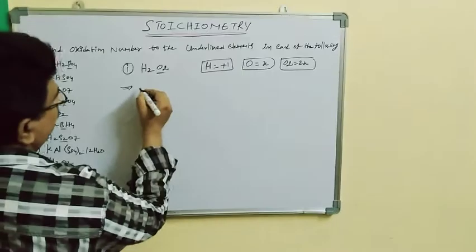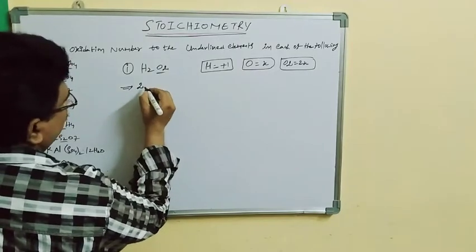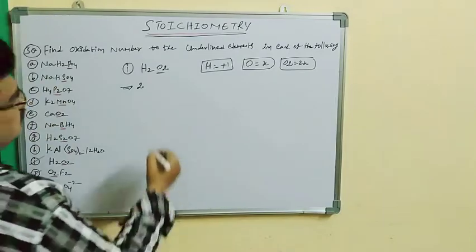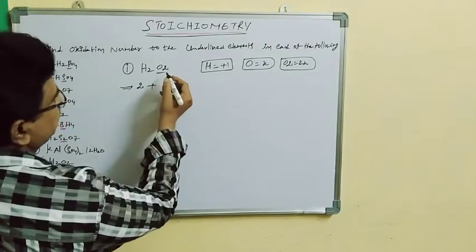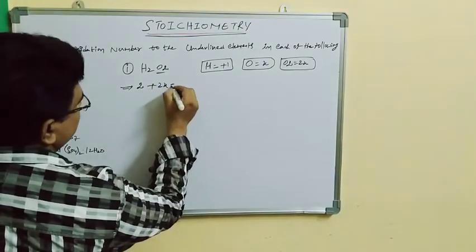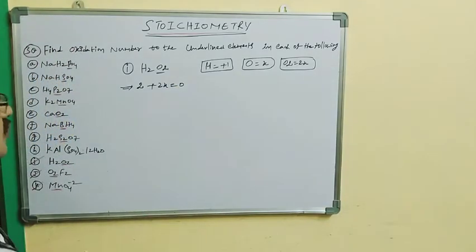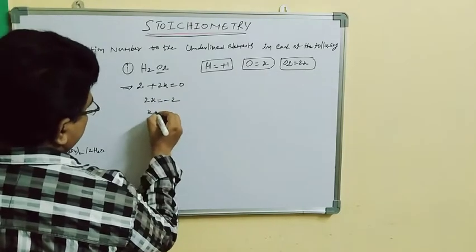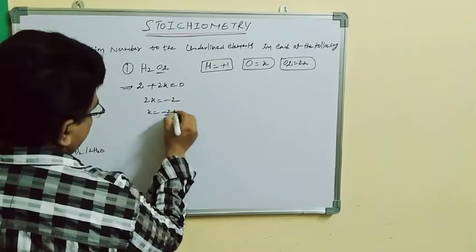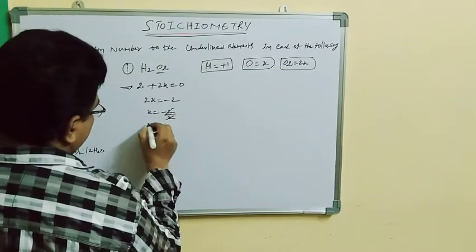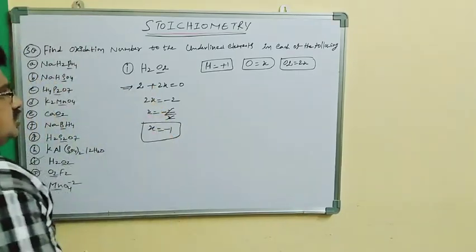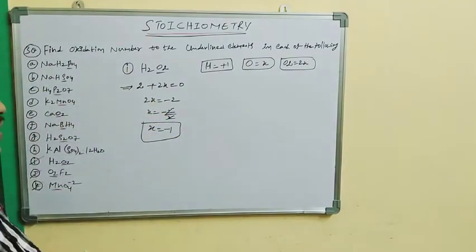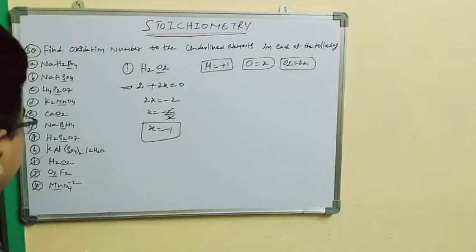How many hydrogens are there? 2 hydrogens are there. 2 into 1 is 2, plus 2x equal to sum of all elements, which is equal to 0. 2x is equal to minus 2. x is equal to minus 2 by 2. x is equal to minus 1. So in hydrogen peroxide, the oxidation state of oxygen is minus 1.